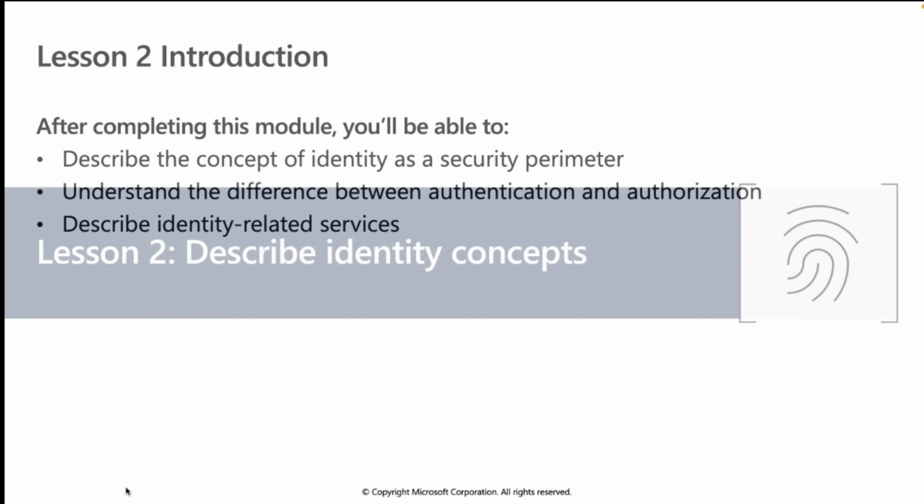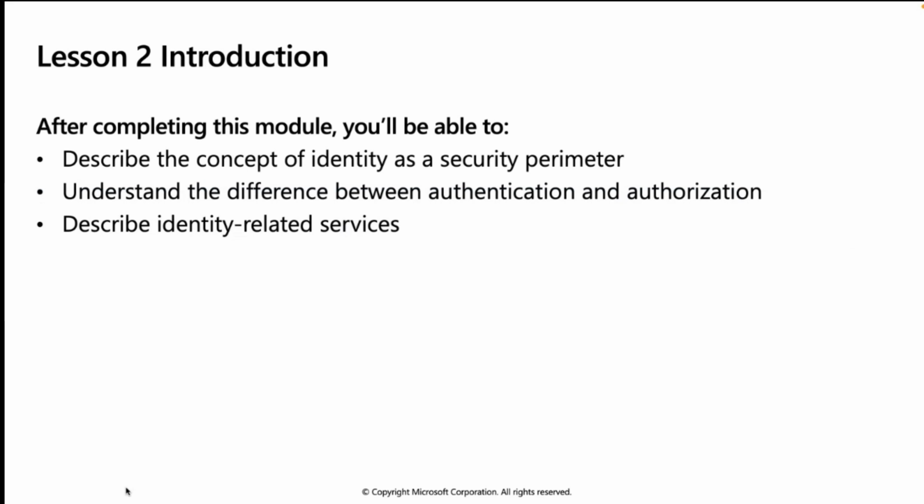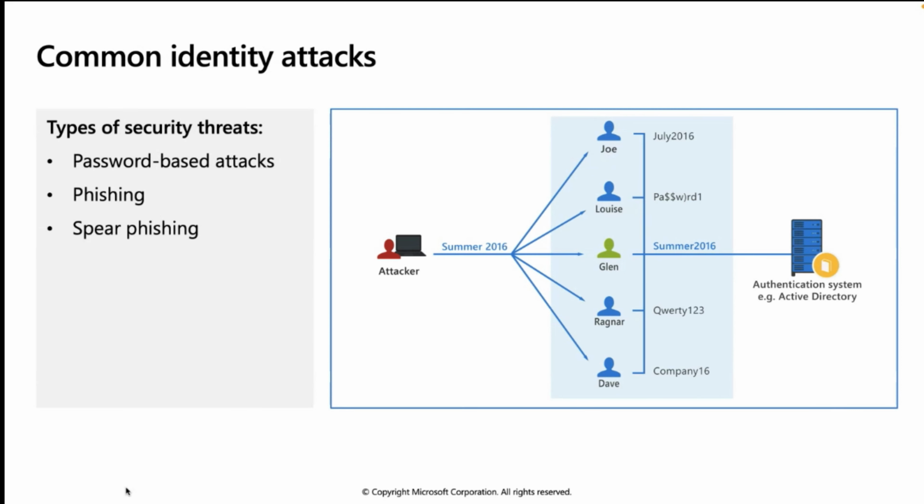Okay, so in this section then, let's talk about the identity concepts: using identity as that all-important security perimeter, understanding the difference between authentication and authorization, and, as I said, those identity related services.